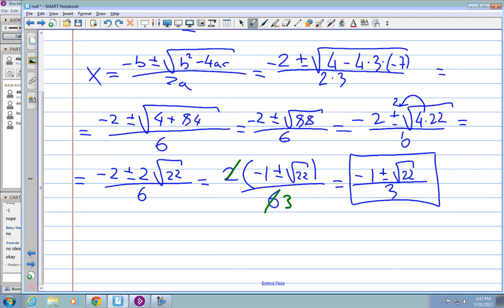Okay, so when you solve these types of equations, there are 3 things that can happen. You can get 2 real solutions, like that. Not pretty, but real, right? You can get 2 complex solutions.